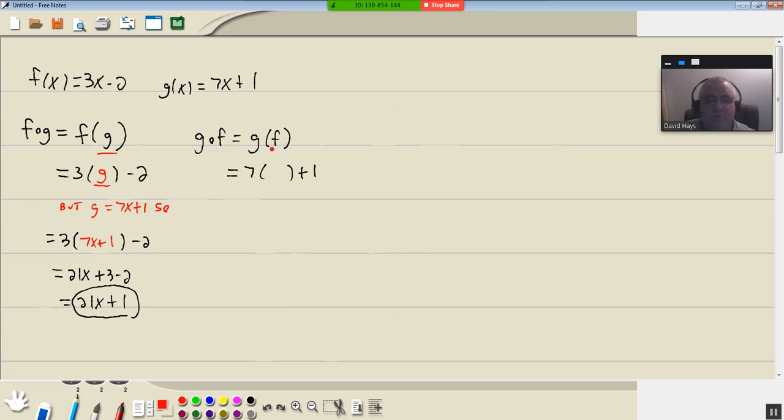Whatever's inside this parentheses is automatically what you're going to put in here. So I'll put an f in there. But f is equal to 3x minus 2. So this becomes 7 times (3x minus 2) plus 1.